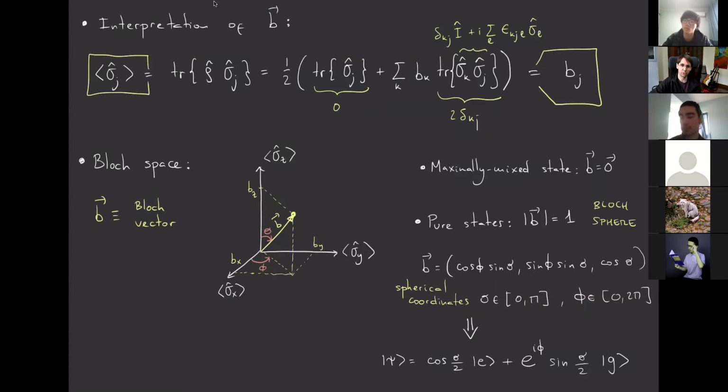And I will show you some very pretty pictures later of states in this Bloch sphere and trajectories in this Bloch sphere. But for now, it's just a funny thing that pure states lie, all of them, in a sphere in the Bloch space.